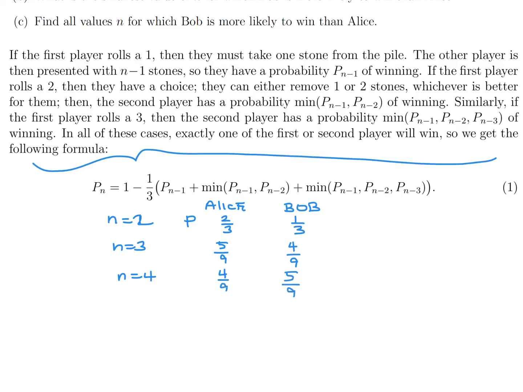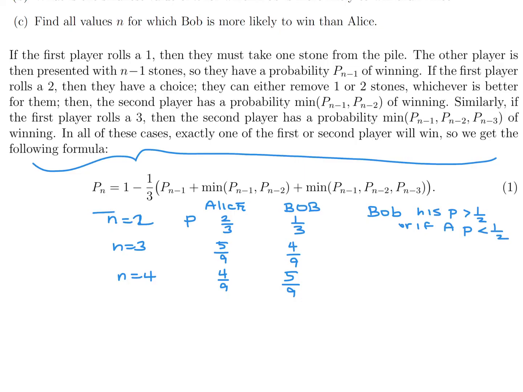Now, Bob is more likely to win if his probability is greater than a half, or the other way of looking at it is if Alice's probability is less than a half.